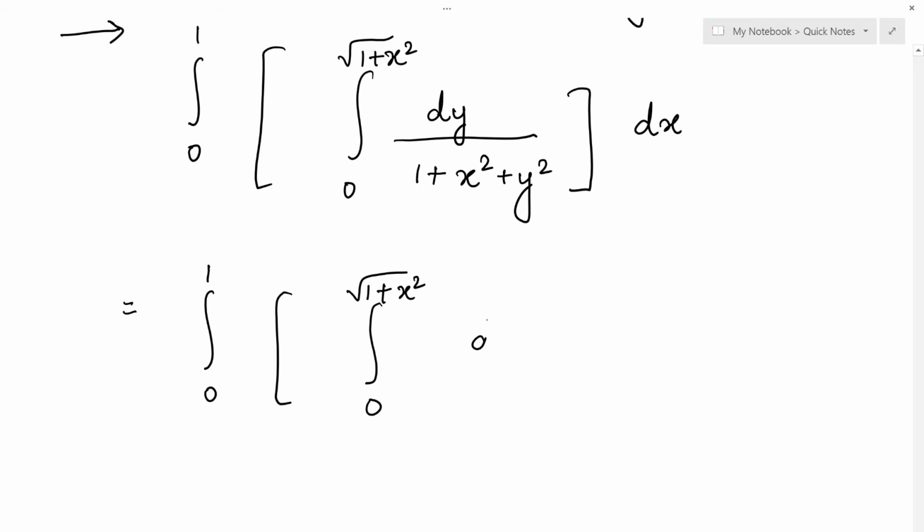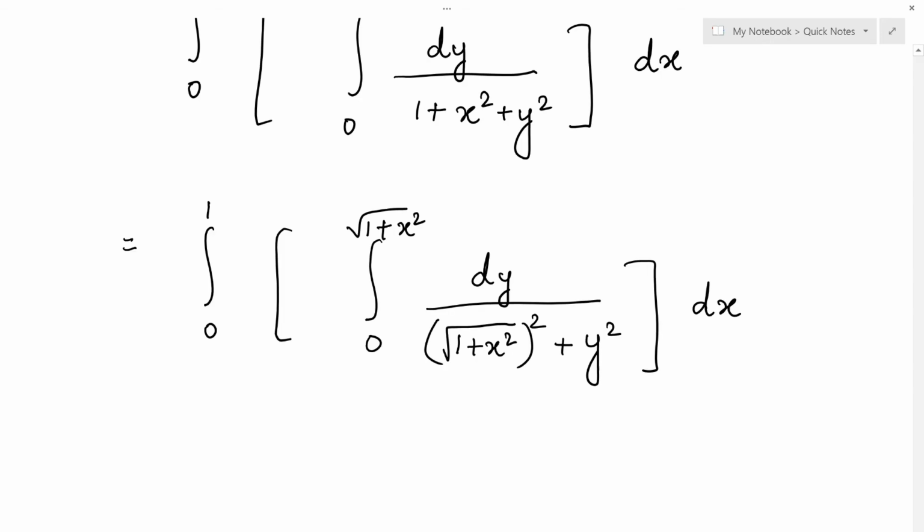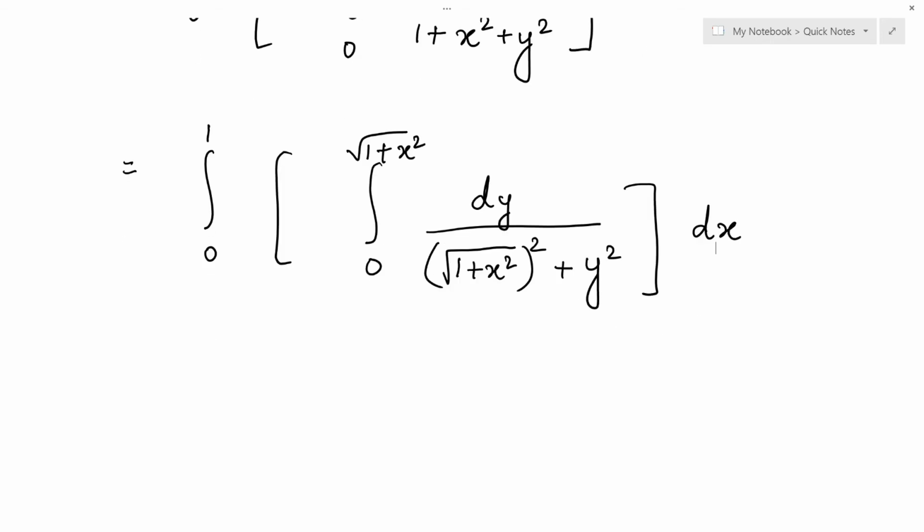So I can write this as under root of 1 plus x square, whole square. Okay, same thing, which is again the same as 1 plus x square. So this is a small adjustment that I have made. 1 plus x square the whole square dx. So now the limits are 0 to 1.